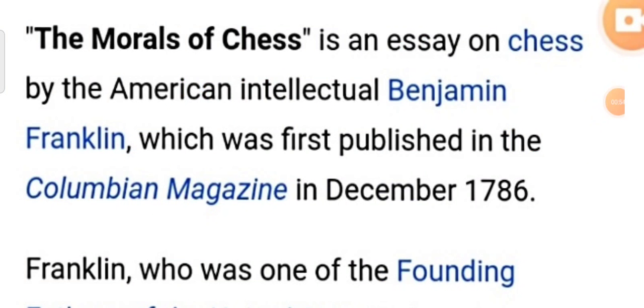The explanation of the chapter, The Morals of Chess. The Morals of Chess is an essay on chess by the American intellectual Benjamin Franklin, which I already told you all. He was an American, and his writing, The Morals of Chess, was first published in the Columbian magazine in the year 1786 in the month of December.